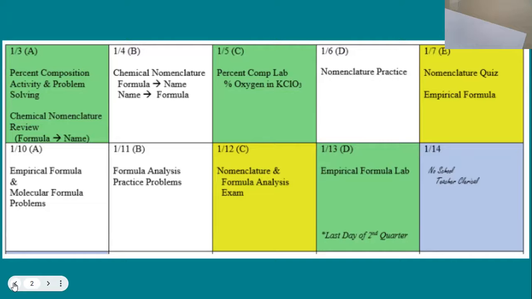If you're given the formula, creating the correct name, and if you're given the name, creating the correct formula. We'll just quiz on that on Friday. That'll take about half of our time. Then we'll begin the new kind of formula analysis understanding, bringing back moles and grams and all that great stuff.